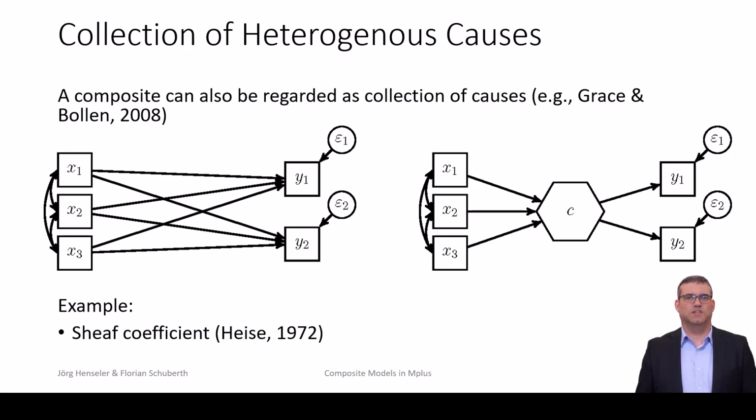This composite is not really a phenomenon that has to exist. Rather, it is a tool. It makes the model simpler, so you just look at the effects of the composite and not at the effects of the individual variables anymore. A proponent of this approach is, for instance, Heise, who in 1972 suggests to model a sheaf coefficient, a coefficient that captures the summed effects of a set of variables that one is not really that much interested in.